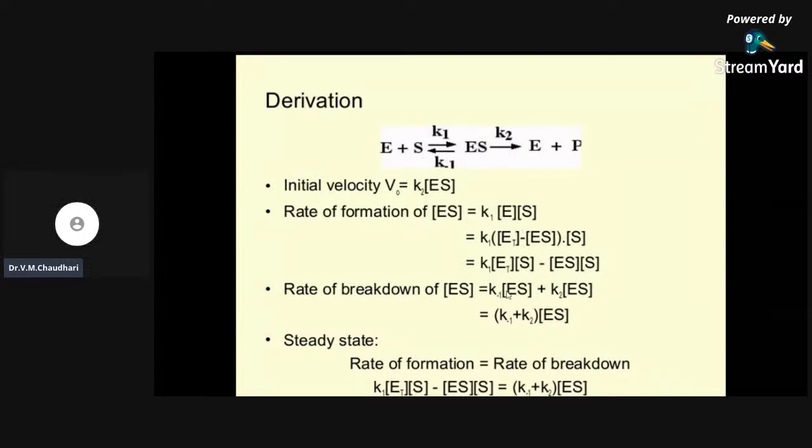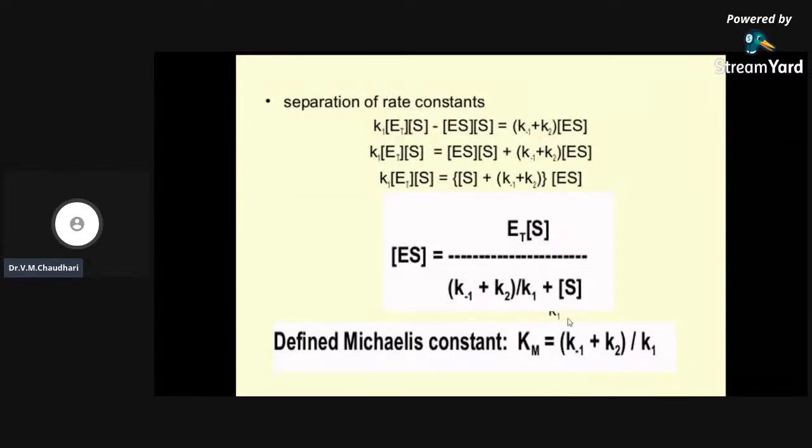So this is given by the equation, that is rate of breakdown of ES equal to K minus 1 ES plus K2 ES. म्हणजे रेट ऑफ ब्रेकडाऊन कसं होणार आहे, प्रत्येकाला त्याचा जो रेट कॉन्स्टंट आहे त्याने मल्टिप्लाय करायचा. आता फॉर्मेशन ऑफ ला आपण रेट कॉन्स्टंट K1 E इंटू एस ने केलं. तसं रेट ऑफ ब्रेकडाऊन ऑफ ES म्हणजे ब्रेकडाऊन कसं होतंय, E प्लस P, मग रेट कॉन्स्टंट K2 इंटू त्याचे जे अगोदरचे रिएक्टंट आहे त्याच्याने आपण मल्टिप्लाय करतो. So we get K-1 plus K2, here we separated the rate constants: K-1 plus K2 outside the bracket, into the concentration of ES. This is the rate of breakdown of ES.